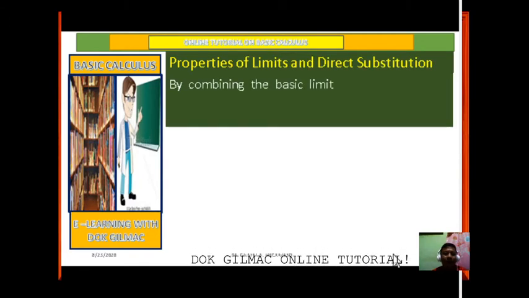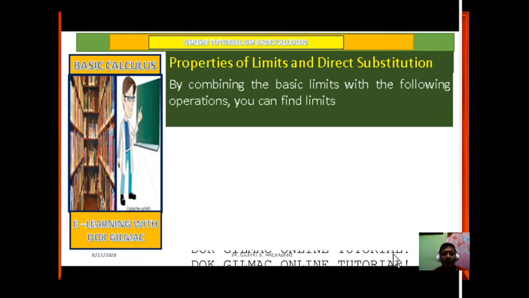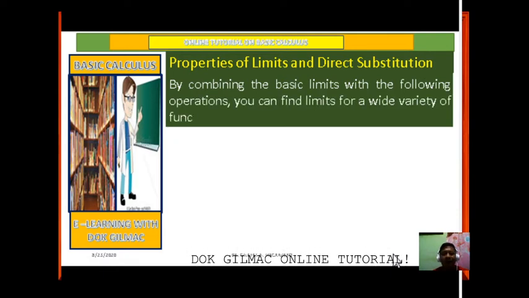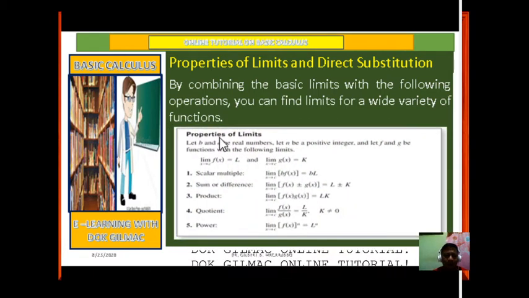By combining the basic limits with the following operations, you can find limits for a wide variety of functions. So we have here 5 properties of limits. Let b and c be real numbers, let n be a positive integer, and let f and g be functions with the following limits.